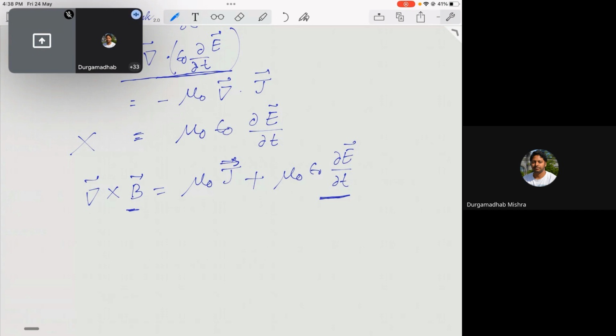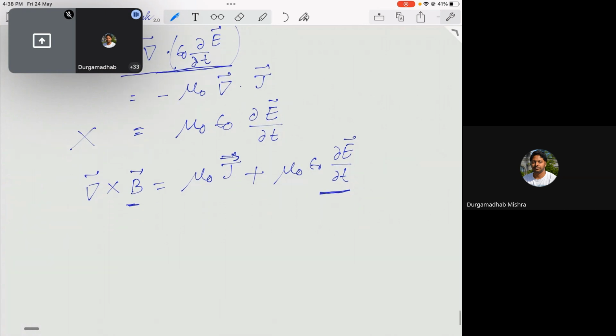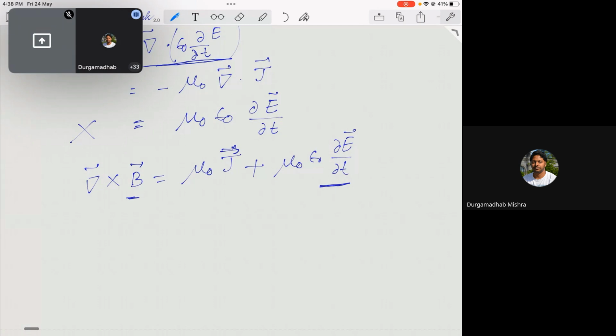That completes it from a symmetric point of view, although it is still not perfectly symmetric. Maxwell's equations are not perfectly symmetric. Why? I'll explain that. But right now it looks more or less similar, because a changing magnetic field can produce an electric field, that is Faraday's induction. Similarly, a changing electric field can also produce a magnetic field.